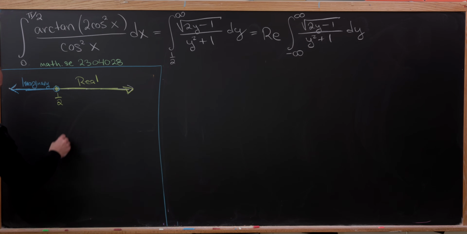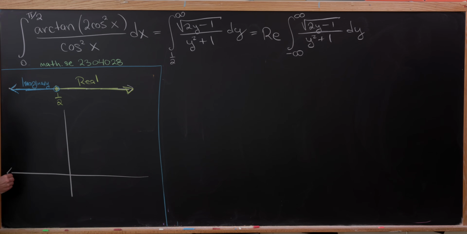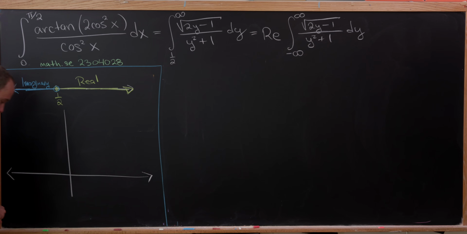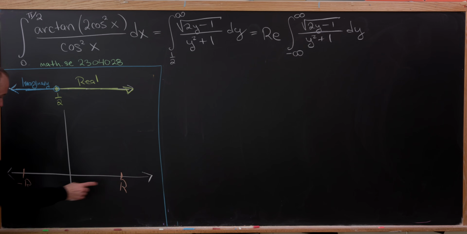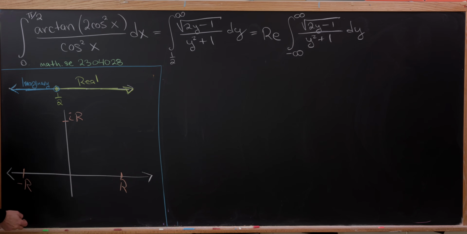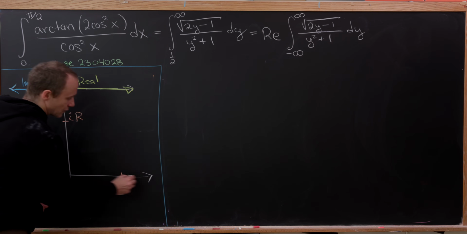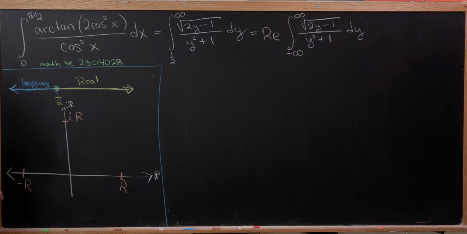Okay, so let's get a picture of the contour that we'll use here. Here I'm going to focus on the upper half plane. Right here, I'm going to put the number minus capital R. Over here, I'm going to put the number positive capital R. And up here, I'll put i times capital R. This horizontal axis is the real axis, and this vertical axis is the imaginary axis.